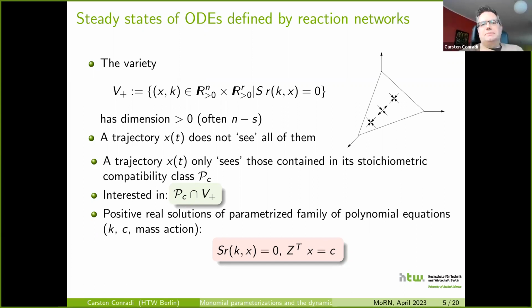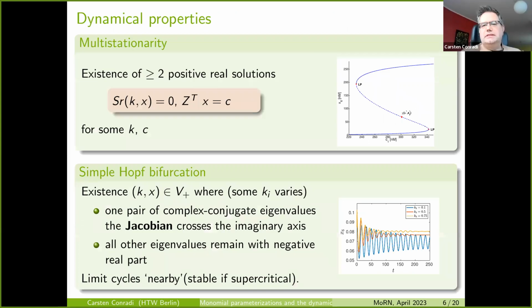And this brings me to the two properties that I have studied so far. First of all, it's multistationarity, which means that there are at least 2 positive real solutions for some value of K and C. And usually, so there is one value of C, and for this, we want to have at least 2 solutions.